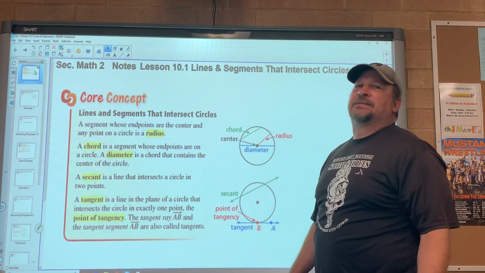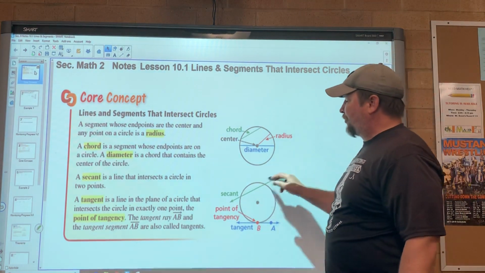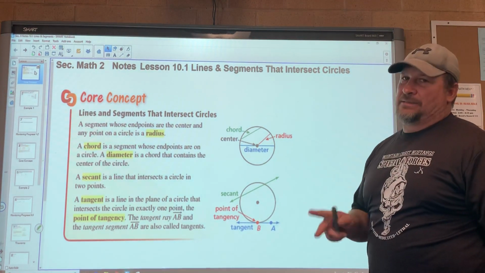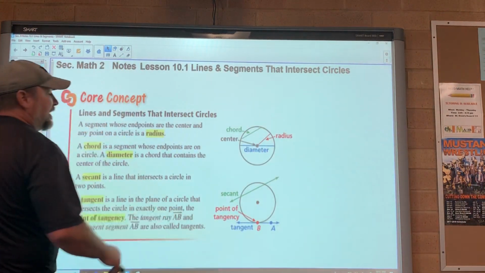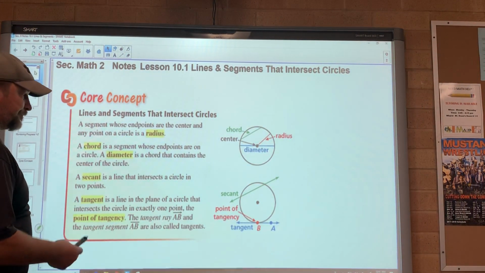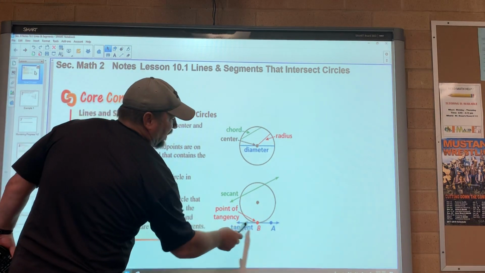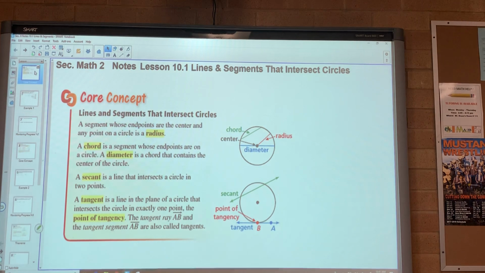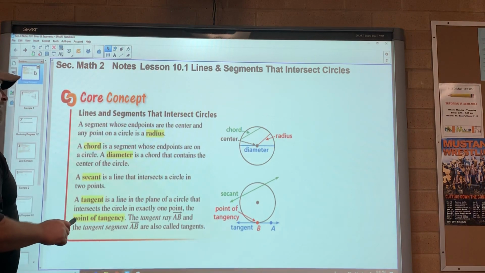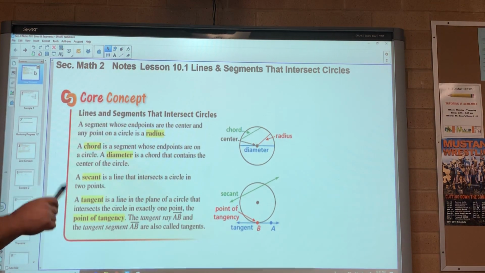A secant is something that has to go through the circle, hitting the circle twice, and just keeps going. A tangent is a line, and it's this blue one, that touches the circle in one spot one time.